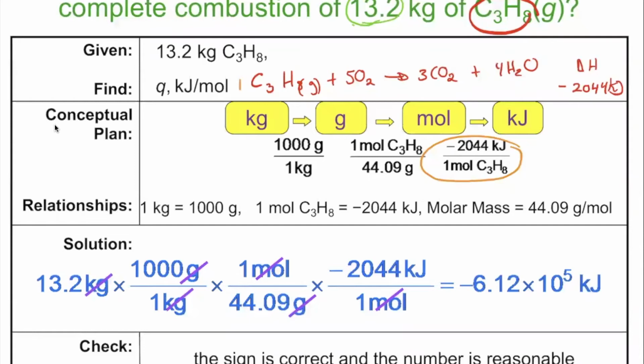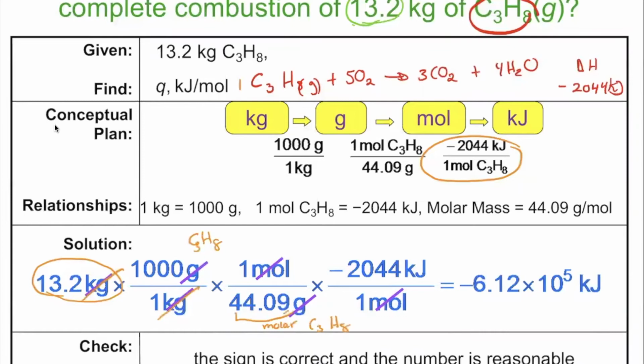So how are we going to do that? Well, you know how to go from kilograms to grams because you know that 1 kilogram equals 1,000 grams. So now you got rid of your kilograms, but you still have grams of C3H8 at the top. So you want to get rid of those grams, and this is your molar mass of C3H8.